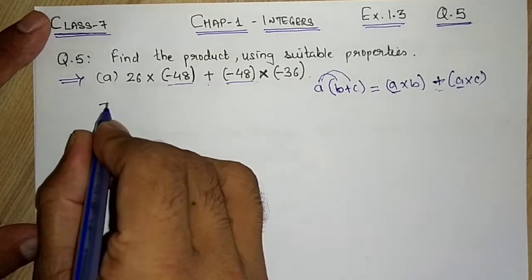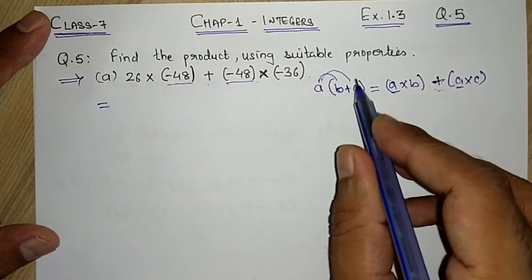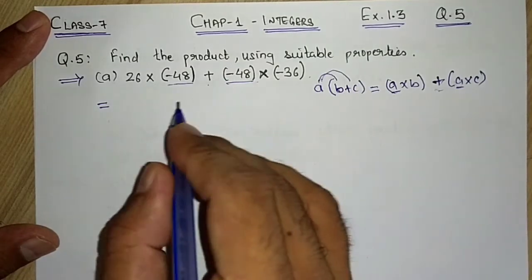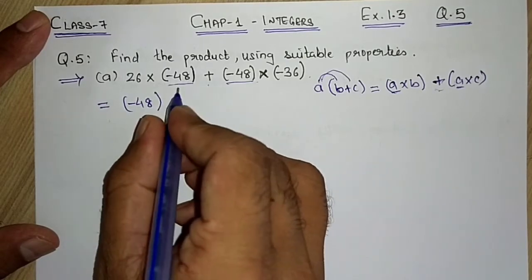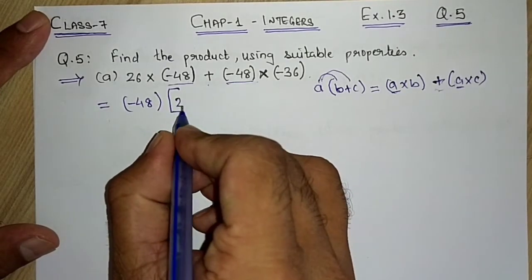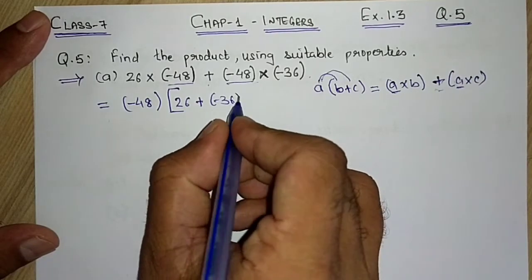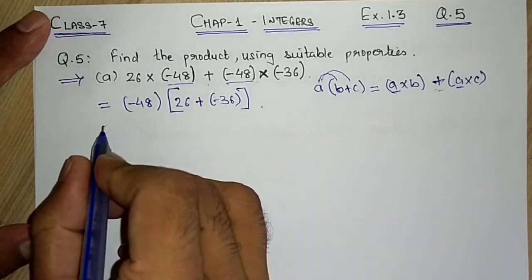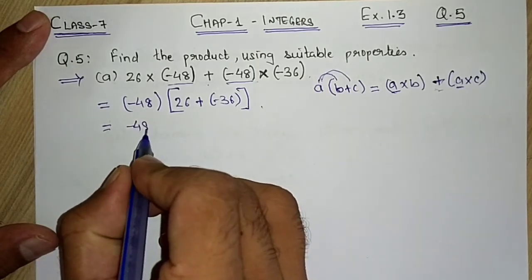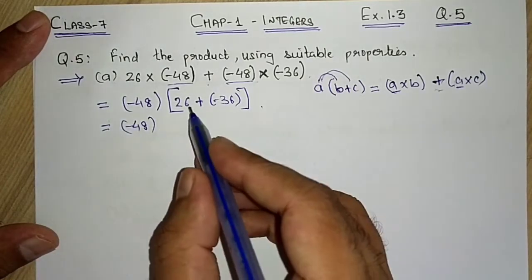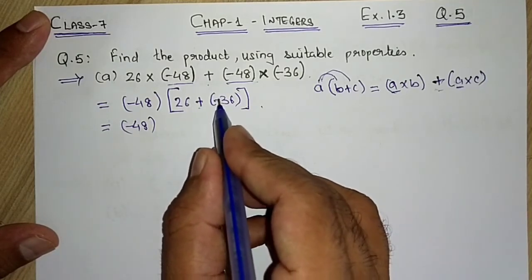So what will I do? I will take A common and then B plus C. Here A is minus 48 common and then into bracket 26 plus minus 36, is equal to minus 48 as it is. 26 plus minus 36, we are doing addition of 2 integers with unlike signs.